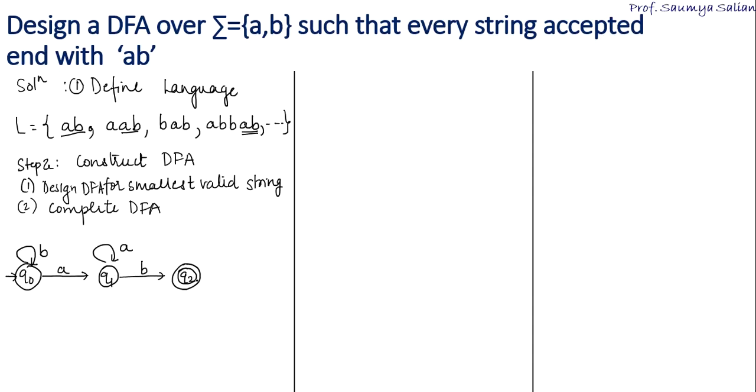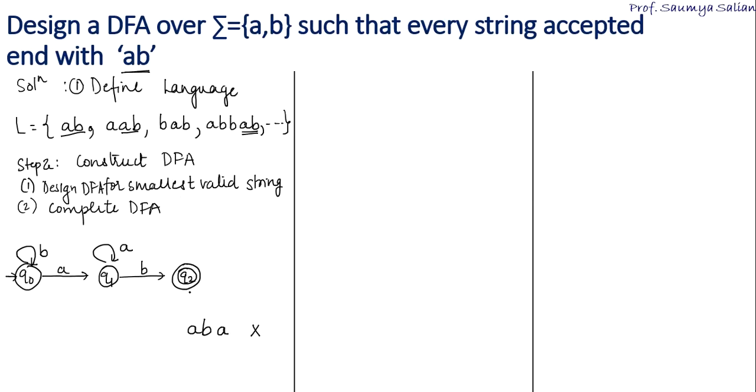Now to reach Q2, I know I have to come across the basic string, that is, A and B. If I get an A at Q2, is it allowed? No, it is not allowed, because I should be ending with AB. Right?